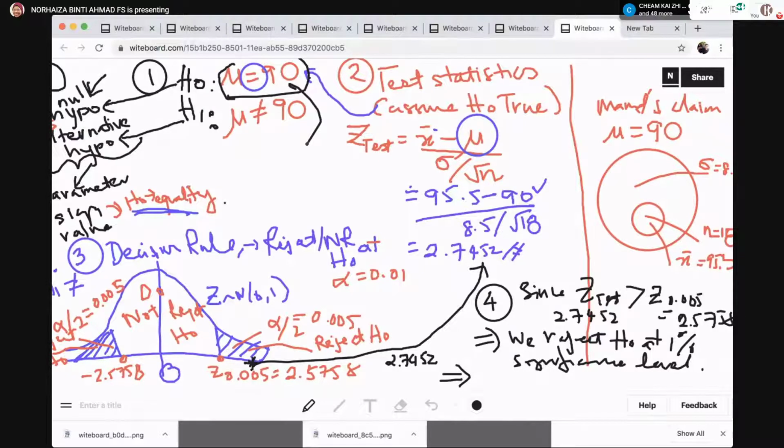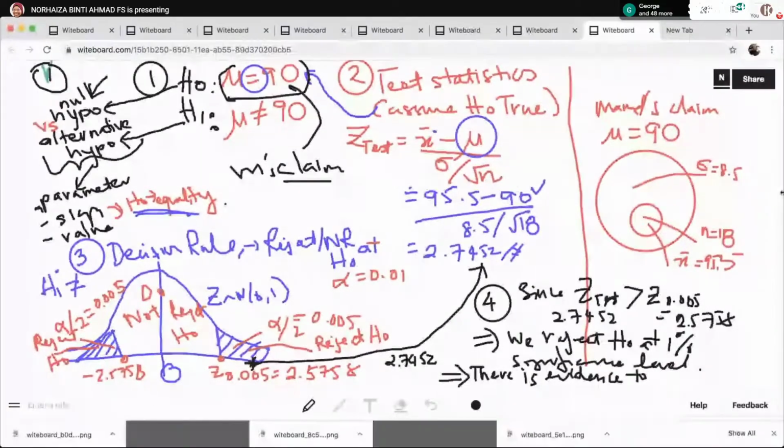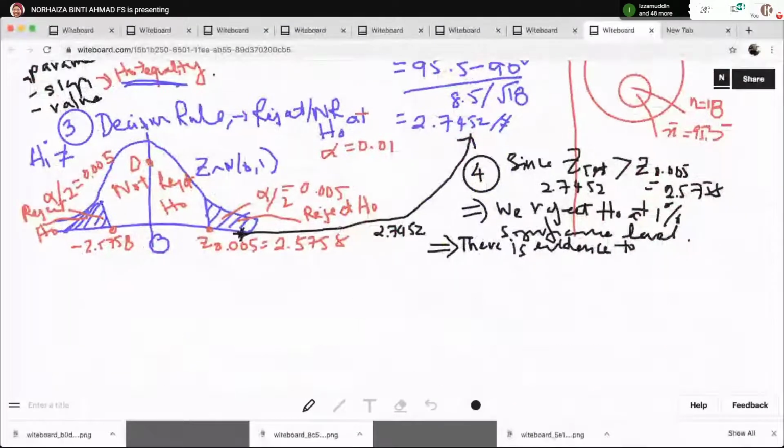This is the manufacturer's claim. Therefore, there is evidence to reject it, there is evidence to not support the manufacturer's claim.